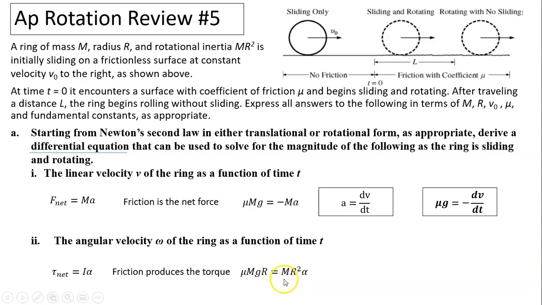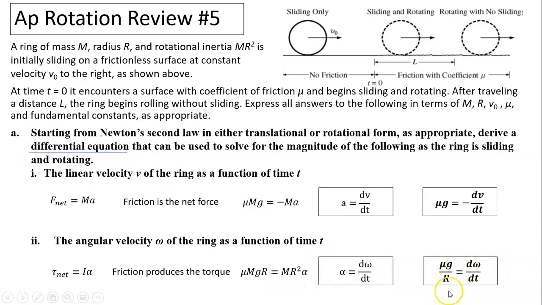There is no negative sign because this friction is actually speeding up the rotation. The m cancels, and alpha equals d omega over dt. Plug everything in, and you have mu g over r equals d omega over dt. This is the differential equation for the angular velocity.